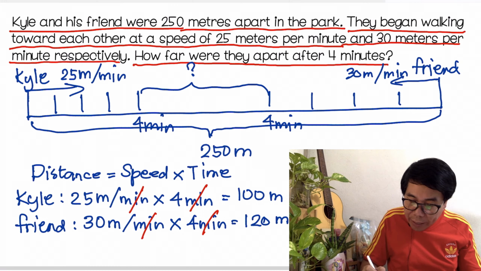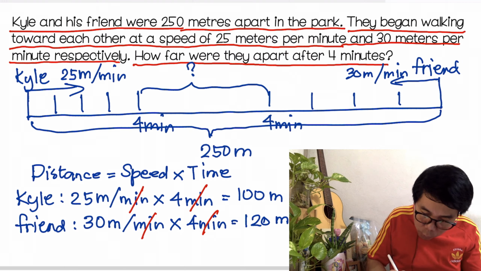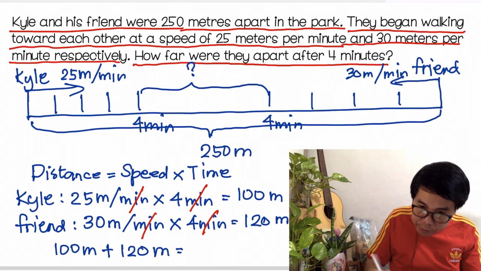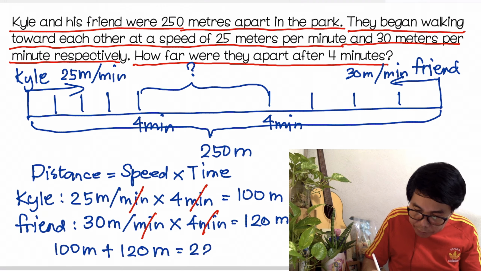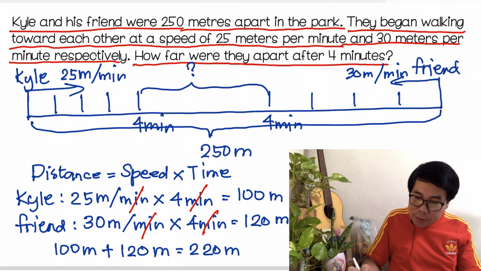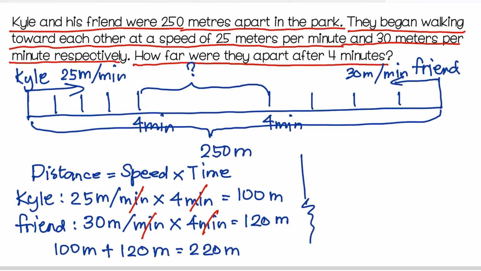We are going to add the distance of Kyle and the distance of the friend. So 100 meters plus 120 meters is equal to 220 meters.